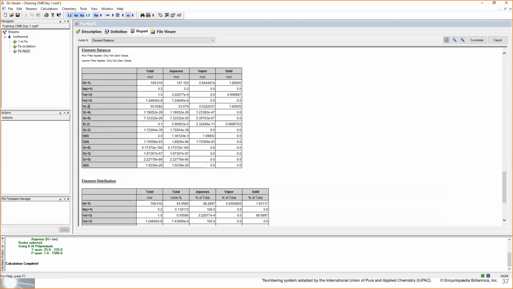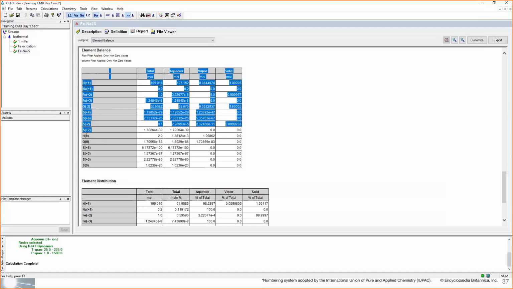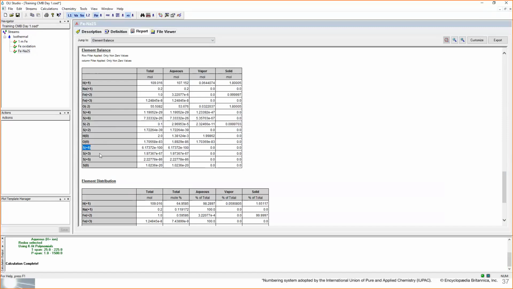So notice you have sulfur +4, sulfur +6, sulfur -2, sulfur +2, sulfur +8, sulfur +3, sulfur +5, and elemental sulfur. 8 different oxidation states that sulfur has, and we have included them all in the calculation, okay?